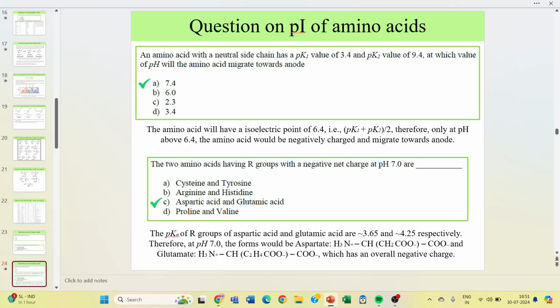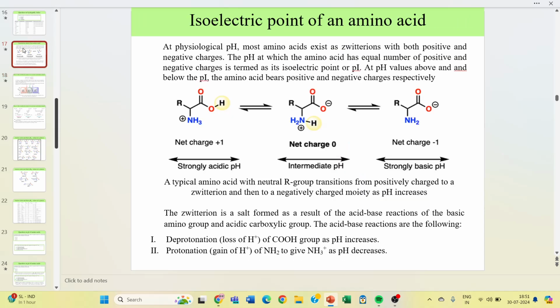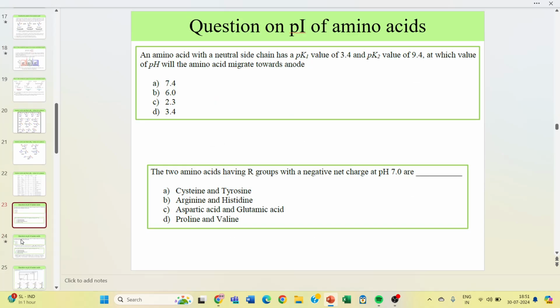So only at pH above 6.4, the amino acid will be negatively charged and migrate towards the anode. Right? Here, the negative form will be dominating. See, this is positive and this is negative. As the pH increases, the net charge is negative. So that means it is going to be 7.4. That should be your right answer.